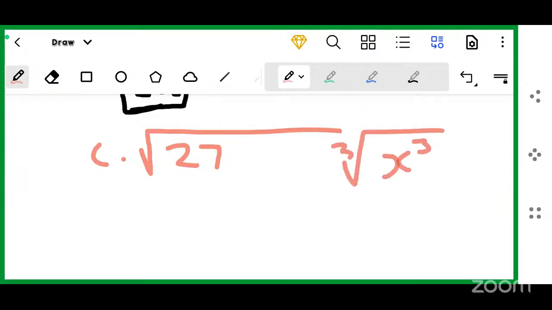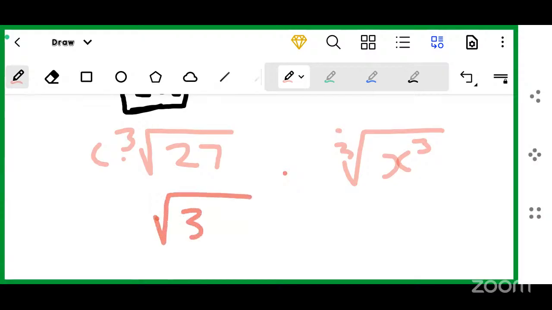Let me just write the 3's here. Yes. Then next step is cube root of 27. Then you say cube root of 3 to the power 3. 3 to the power of 3, yes. Cube root of x to the power 3. X to the power of 3, okay.